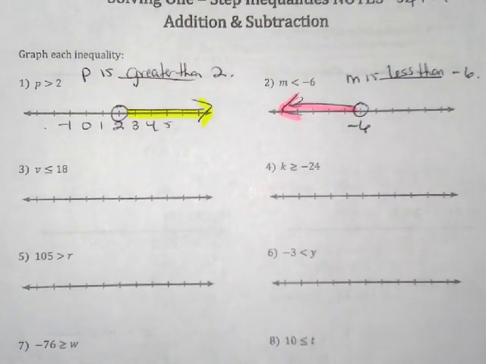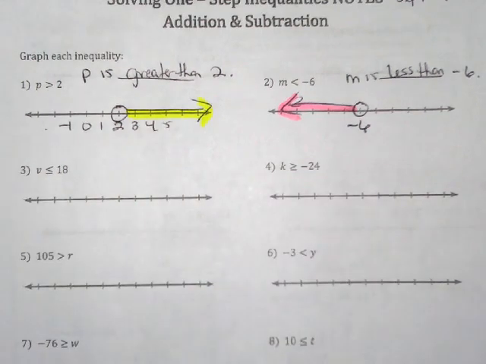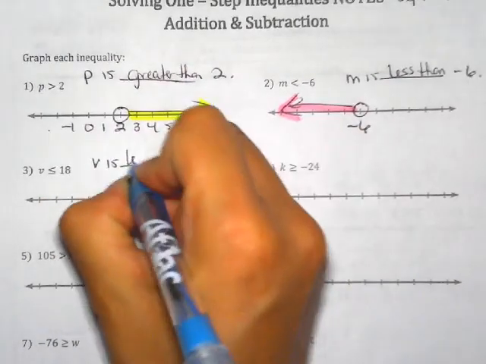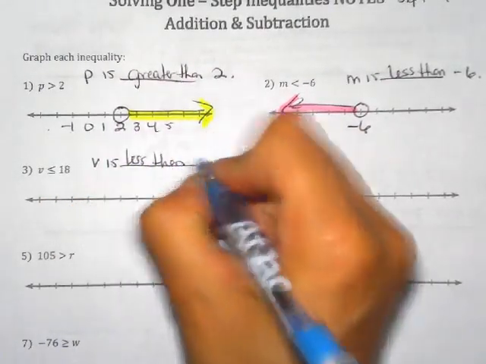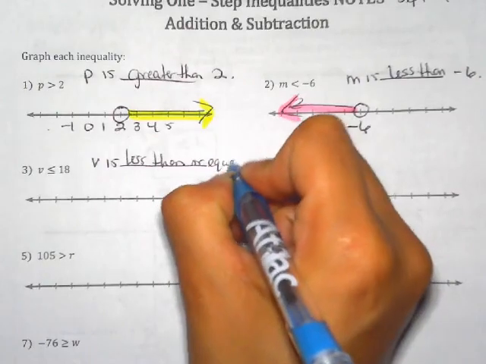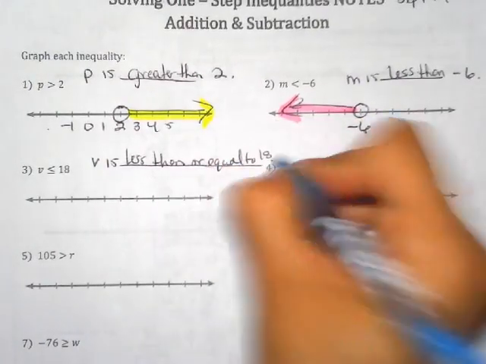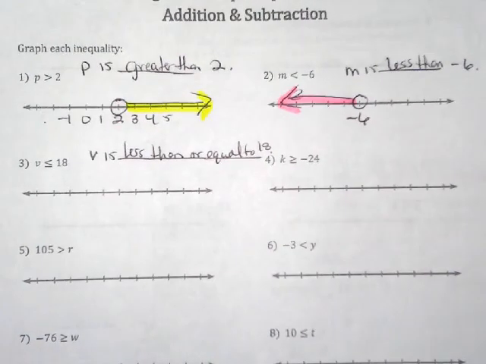Alright, number 3. B is what, then 18? B is, very good, less than or equal to 18. Open or close circle?